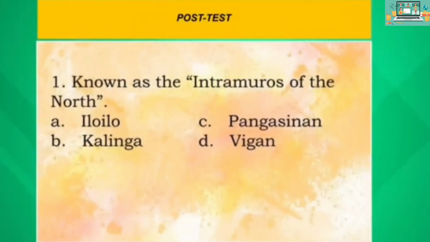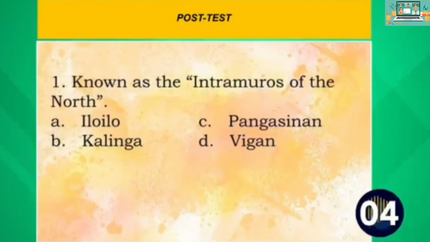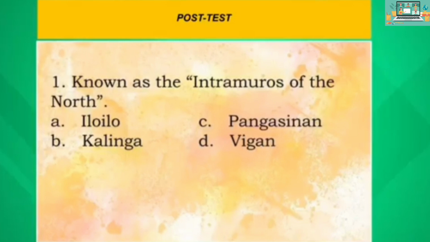Number 1, known as the Intramuros of the North. A. Iloilo, B. Kalinga, C. Pangasinan, D. Vigan. And the answer is letter D, Vigan.